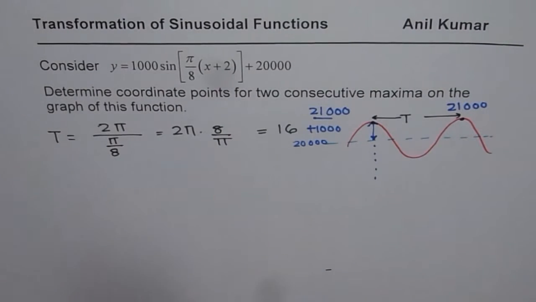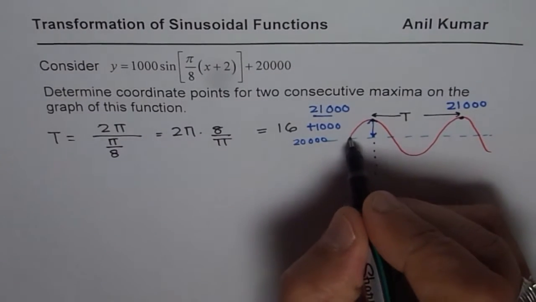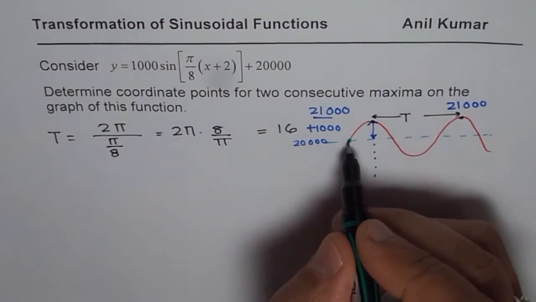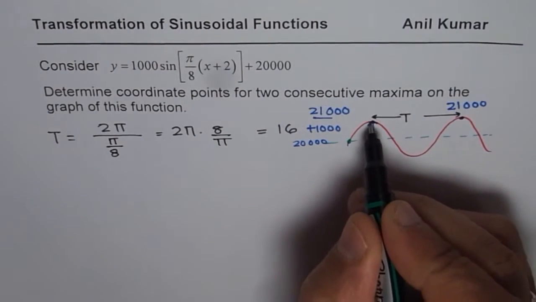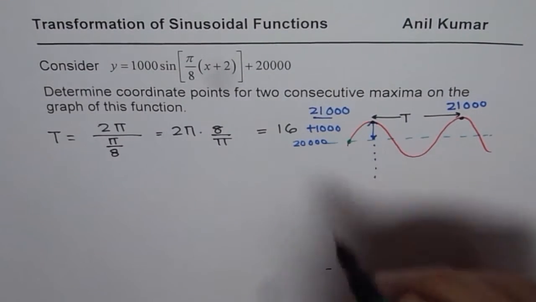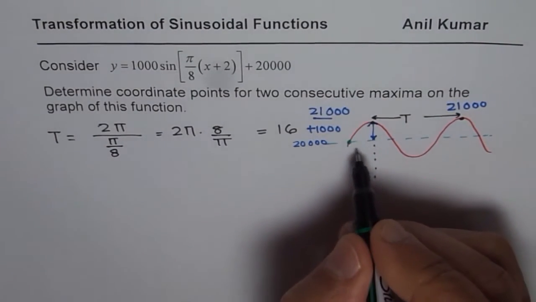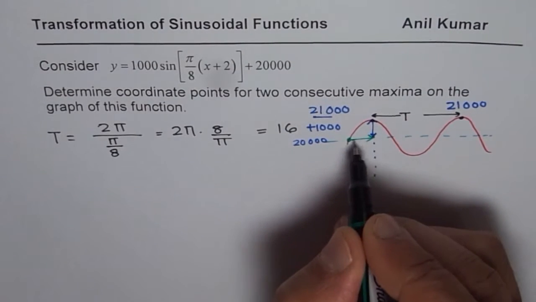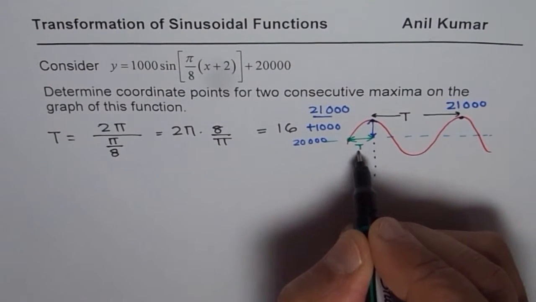For a sine function, it always begins from the axis itself. So it will begin from the axis, and then the first maximum will be quarter of the cycle away. So this distance here is actually quarter of the cycle away.